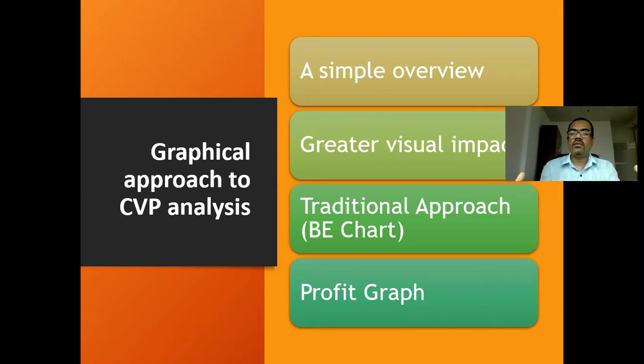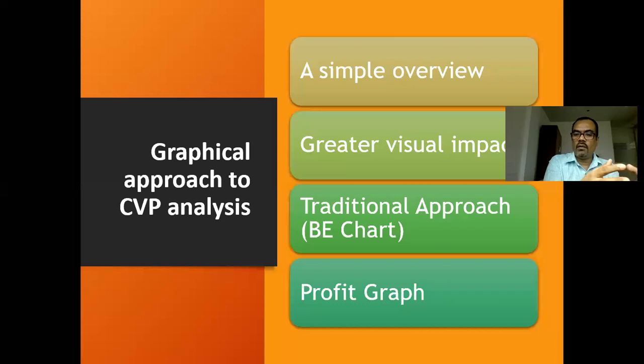Both graphs, if you like, you can show in one, but when we learn, the break-even chart is drawn separately from the profit chart, because in the profit chart we are concerned about the level of profits, or the level of operations at different profits. Our concern is only the profit.